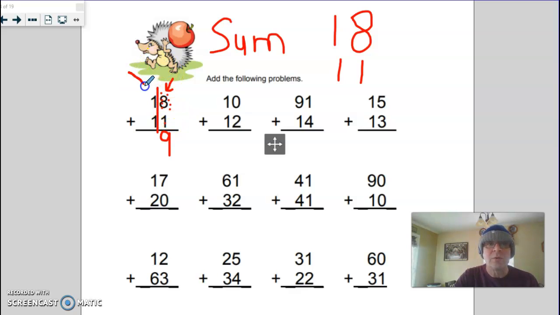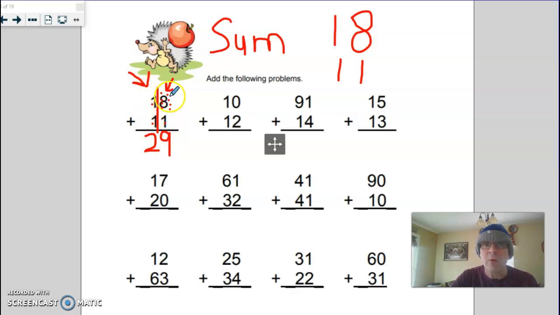Next, I go to the top of the tens, and I put 1 dot on this one, and 1 dot on this one, and I count them up. 1, 2. And I put the answer to my tens right below my tens. Notice that I did not count them all up, 1, 2, 3, 4, 5, 6, 7, 8, 9, 10, 11, because these are the ones, they're separate from the tens.